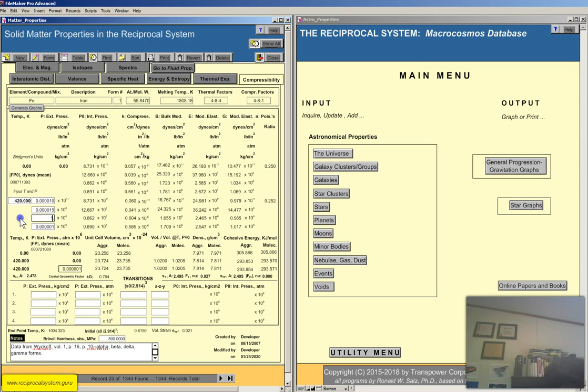Okay, click off of it. Now all this is going to recalculate. Again, you just have to be a little patient. So this will be 1,000,000 atmospheres.